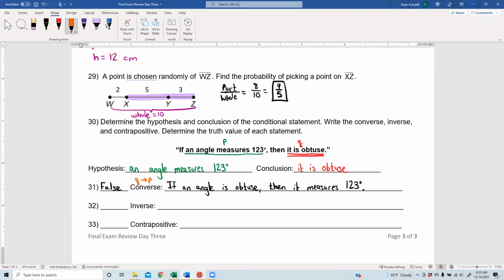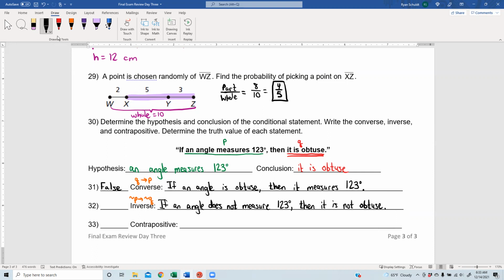Inverse. Inverse is if not P, then not Q. So if an angle does not measure 123 degrees, then it is not obtuse.